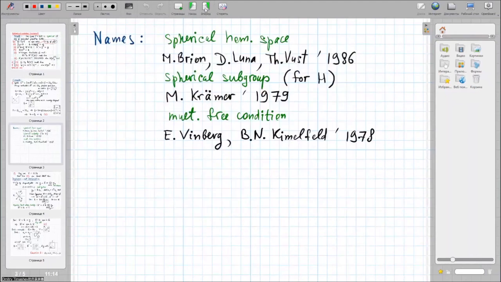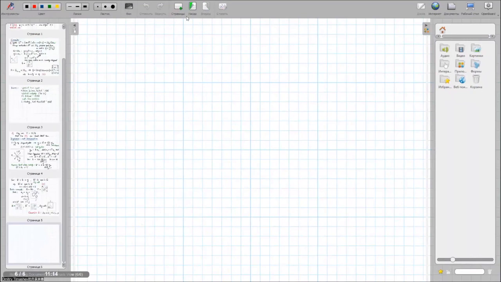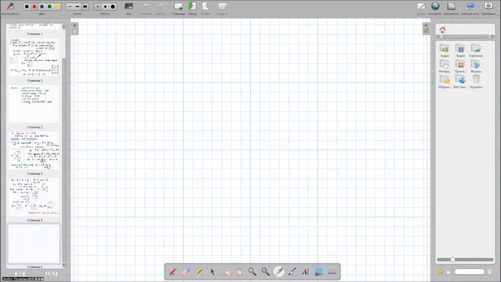Let me turn to the last page. We are working on examples of spherical homogeneous spaces. We have seen the sphere and generalized flag varieties, and partial flag varieties give you another bunch of examples.